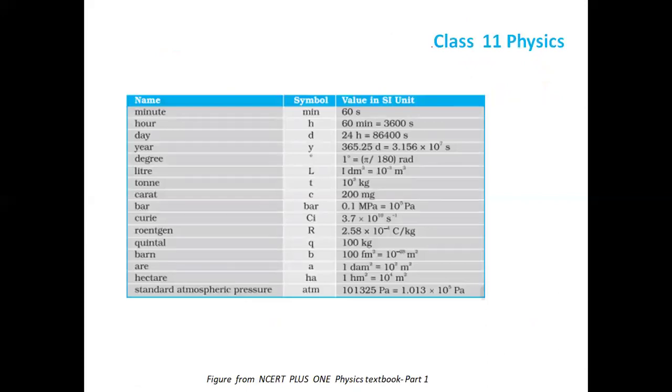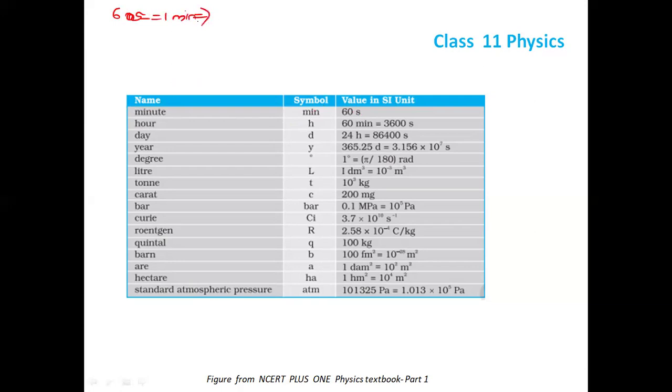And these are some units which are retained for general use. If you want to specify minute, you use the symbol min. In SI unit, 60 seconds constitute 1 minute.